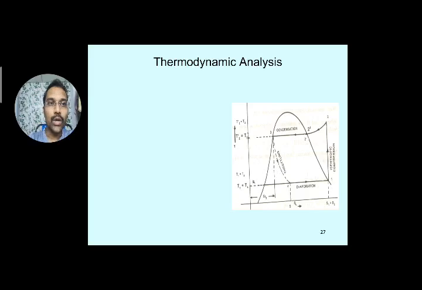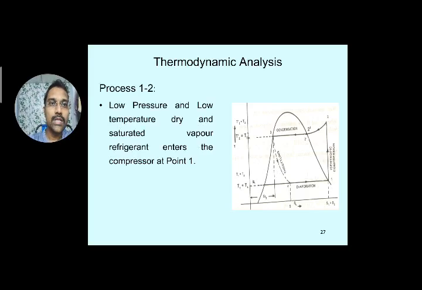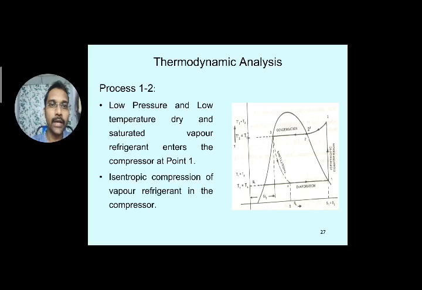Next, we will see the thermodynamic analysis by taking the same TS diagram. What is happening in process 1 to 2? Low pressure and low temperature, dry and saturated vapor refrigerant enters the compressor at point 1. That is, after evaporation, very low pressure and low temperature dry saturated refrigerant enters at point 1, at the compressor entry.